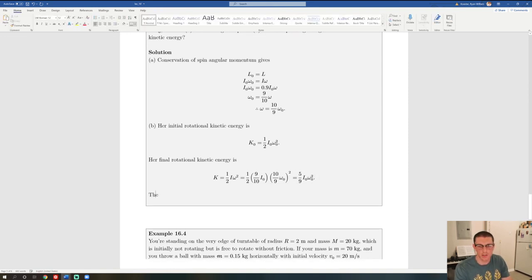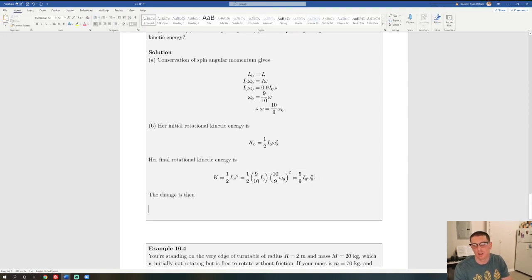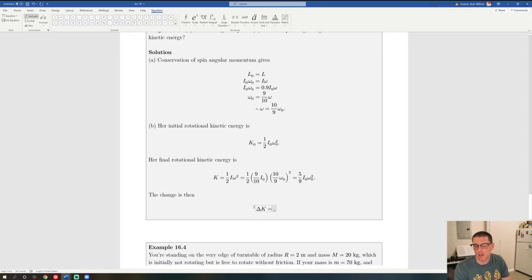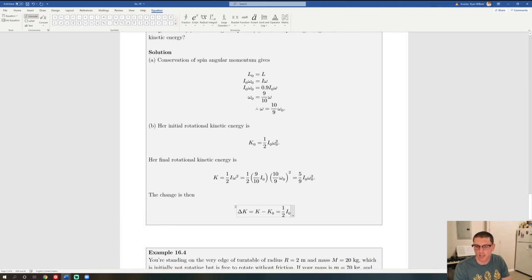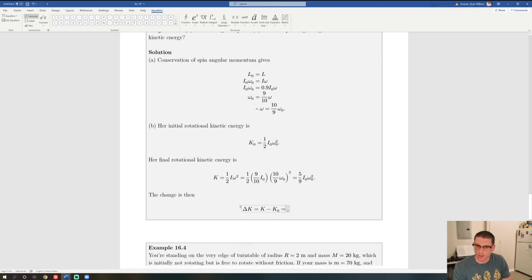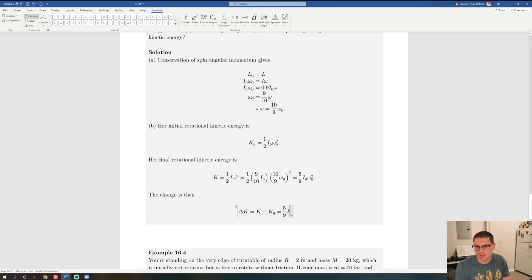And so the change, and we saw that delta K is K minus K initial, so 1/2 I naught omega naught squared minus, oops, wrong way. Okay, like this. It's 5/9 I naught omega naught squared minus 1/2 I naught omega naught squared.